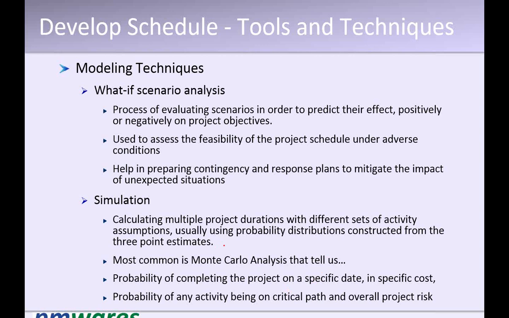So there is an activity. In all 5 simulations, it is on the critical path. Its criticality index is very high. If there is an activity which was on the critical path in 3 schedules, and on the other 2 schedules it was not, its criticality index is a little lower. So criticality index means the chance of that activity being on the critical path.